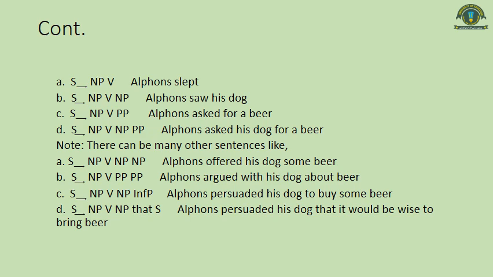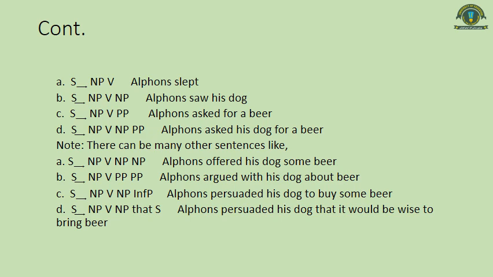Likewise, the third example, Alphonse persuaded his dog to buy some beer. Under this, S is made up of NP, V, NP and an infinitive phrase, to buy some beer.